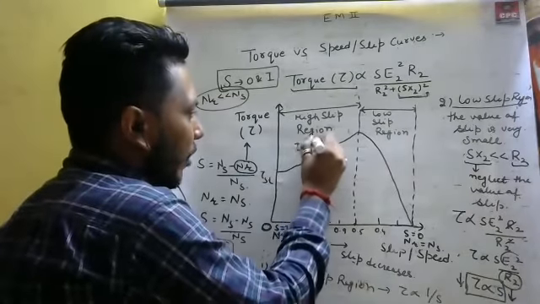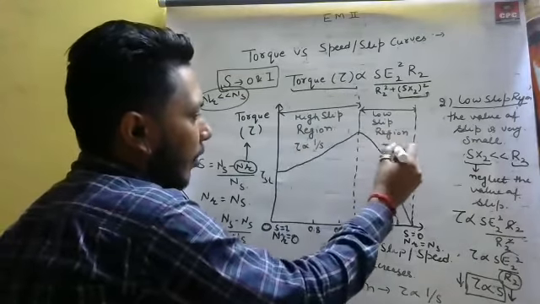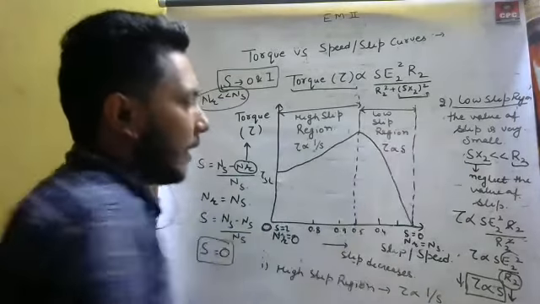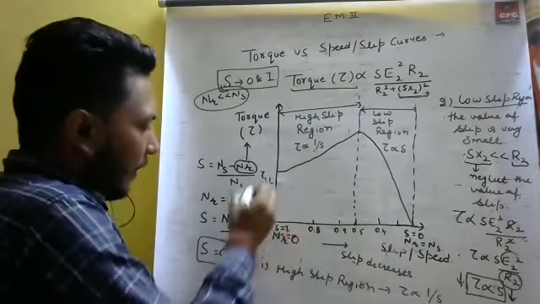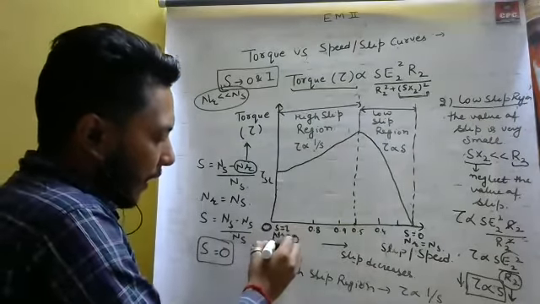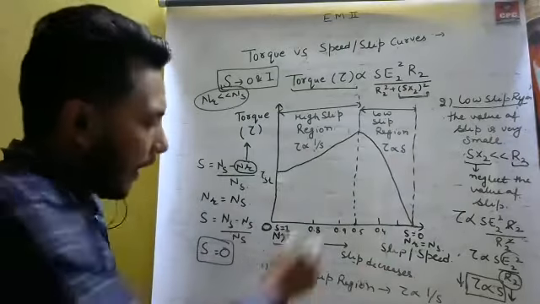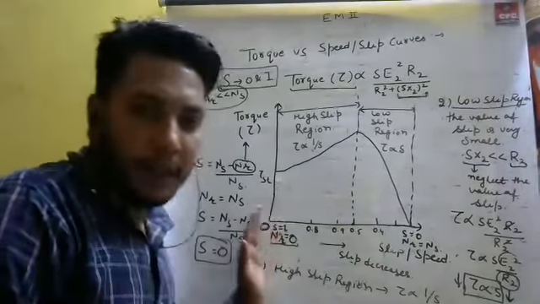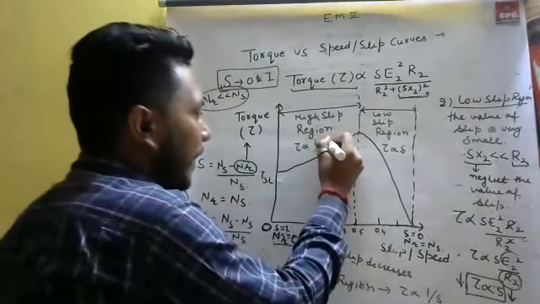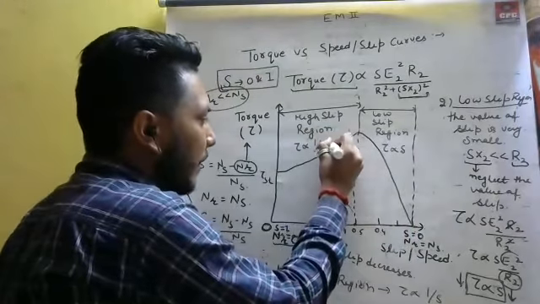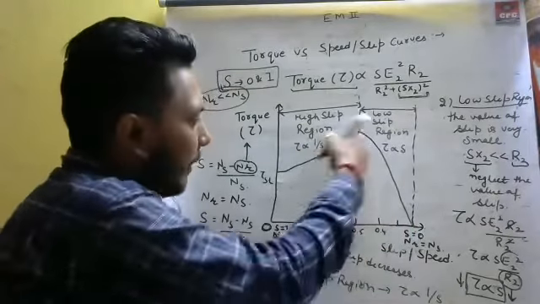In the high slip region, torque is inversely proportional to S, or in the low slip region, torque is directly proportional to S. So we know that at starting, the value of slip is equal to 1, then NR is equal to 0. And this value of slip decreases from 1 to 0. So that's why I am writing here, when the motor starts running, the slip decreases.